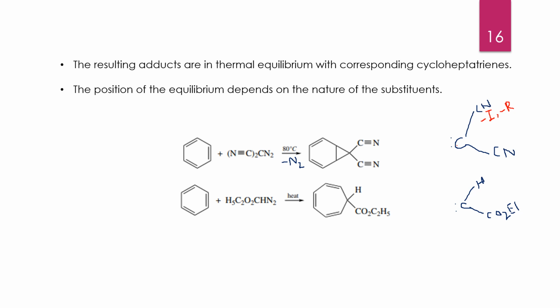But here this carbene is not that electron deficient, because only one electron withdrawing substituent is here. So the product will not be stable here, and the reaction will not stop here. As shown in the previous slide, rearrangement will happen, giving us this cycloheptatriene kind of ring. So depending on the substituent, we can get different products.